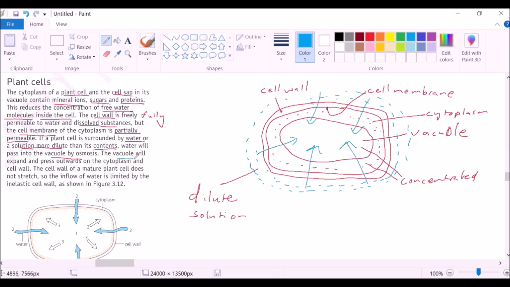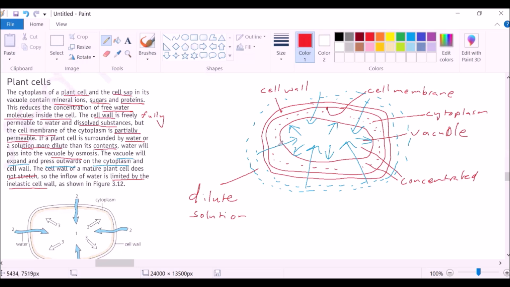The vacuole will expand and press outwards on the cytoplasm because it is now filling up with water. The cell wall of a plant cell does not stretch, so the inflow of water is limited by the inelastic cell wall. The cell wall will maintain the structure of the cell, unlike animal cells that burst when they are filled with water.